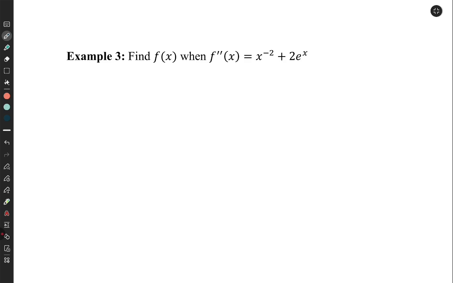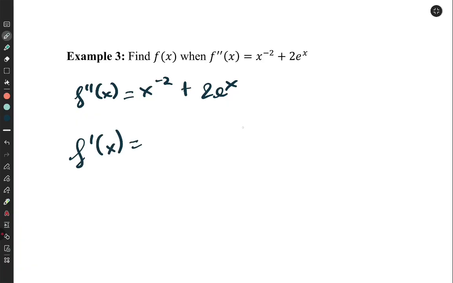Okay, let's go. So, the second derivative, to find the first derivative, that means you go backward. Okay, you go from this to this. You do the derivative, right? But now you go the other way, you take the antiderivative. So the antiderivative of this. Both of them are easy to find, right?